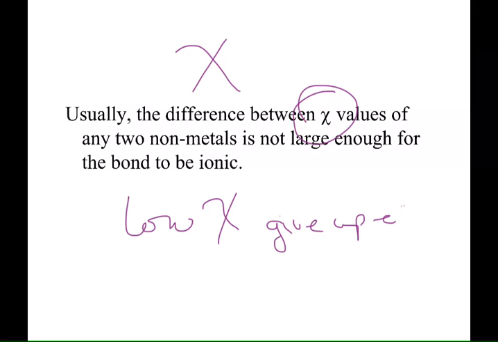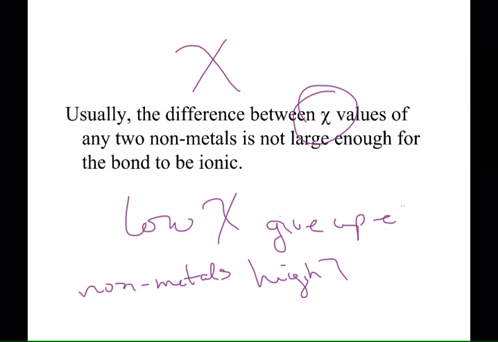And we said that nonmetals have high electronegativities. And that means that they will retain their electrons and or get somebody else's electrons. Okay, so high chi for nonmetals.